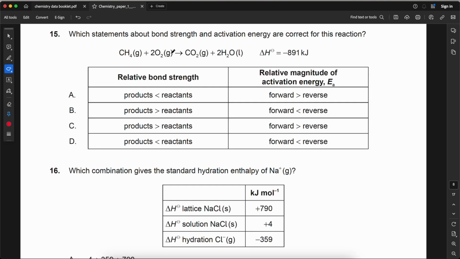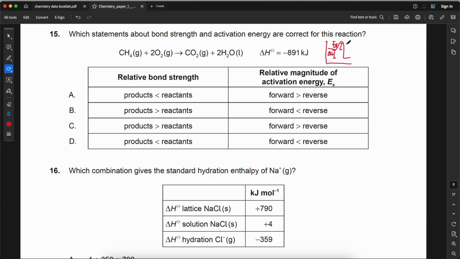Which statement about bond strength and activation energy is correct for this reaction? It is exothermic. So exothermic would be like this. Okay? So the activation energy will be right here, and the delta H will be right here.